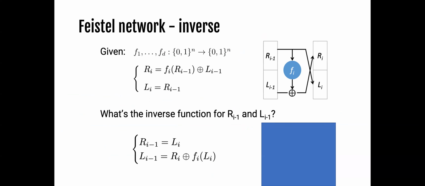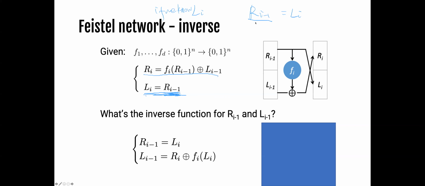So now we know that Ri is equal to this, and Li is equal to this, right? So the first thing, let's try to get Ri minus 1. Because in this equation, we already know Li is equal to Ri minus 1. So if we know Li, then Ri minus 1 is equal to Li, right? According to this equation. Did you get that? Yep.